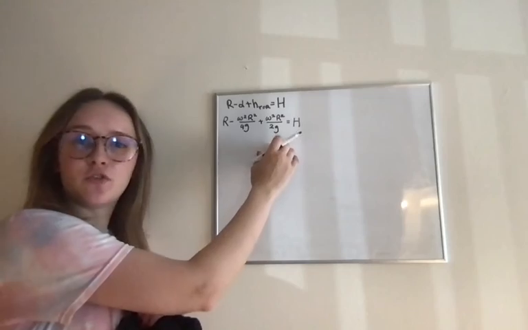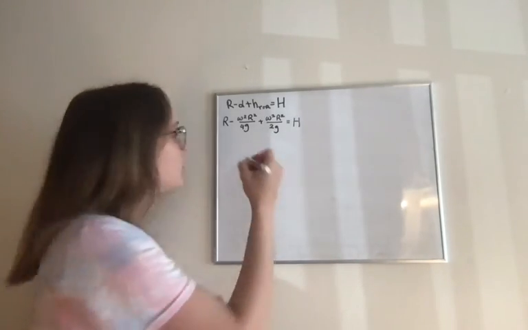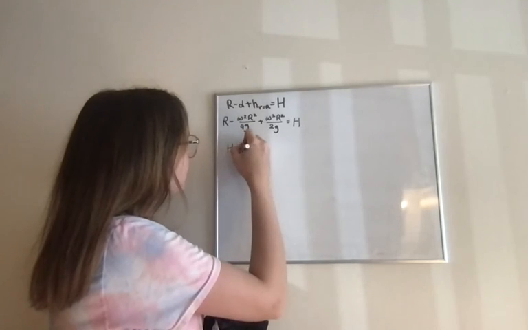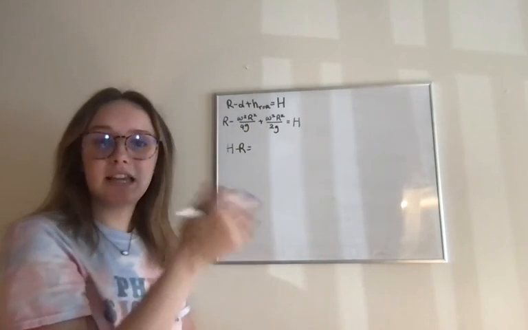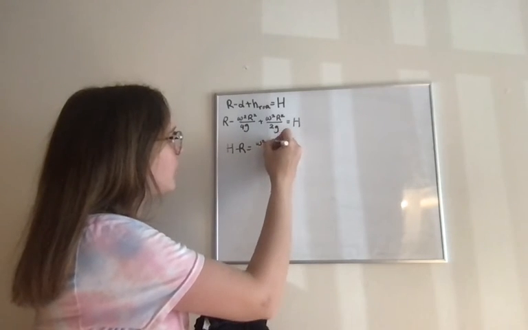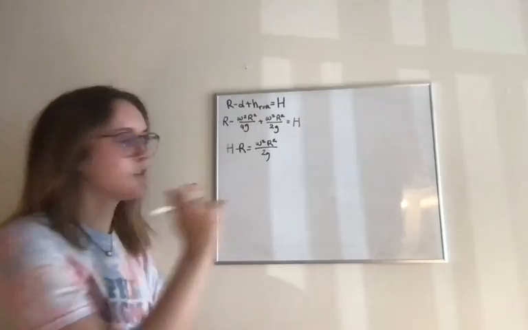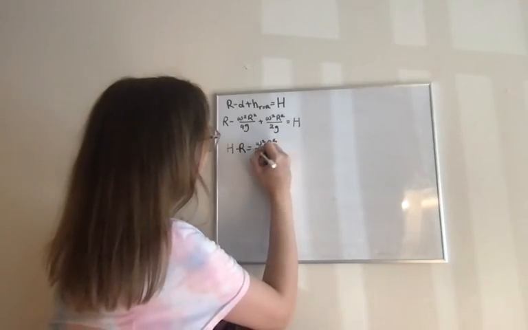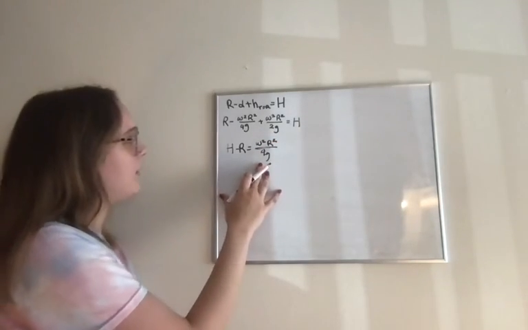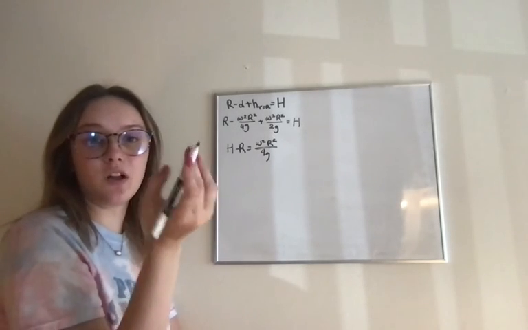So what we want to do from here is get R and H on the same side. So we're going to end up with H minus R is equal to omega squared r squared over 4g. And so once we have that, we are going to want to solve for the angular velocity.